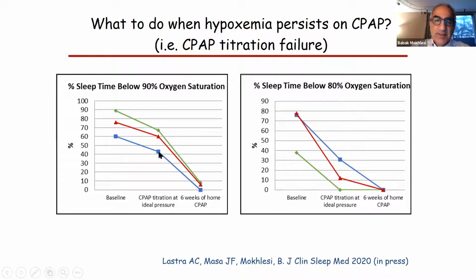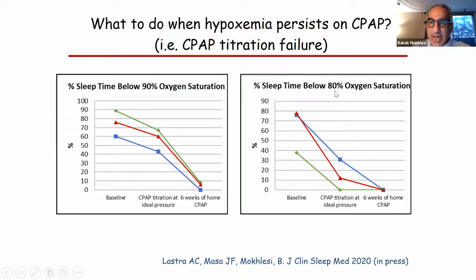One of them was on CPAP between 17 to 20, and there was a substantial amount of time, like 3 hours, 4 hours on these settings. And what I'm showing you is that on the reasonable CPAP pressure, this individual had 70% of the time with oxygen saturation below 90. This individual had 60% of the time with oxygen saturation below 90. This person had around 40-something% with T90.